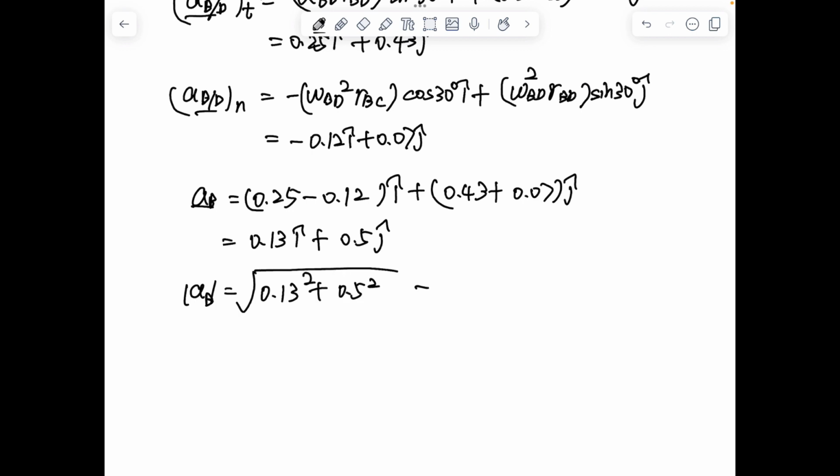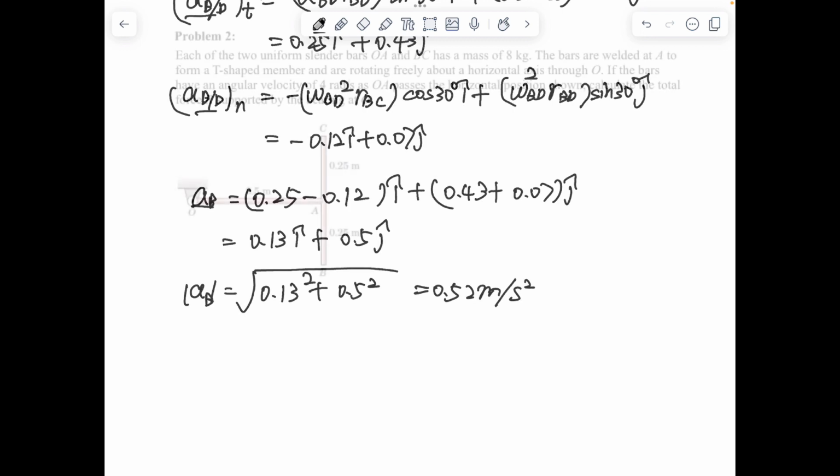This is equal to 0.52 meter per second square.